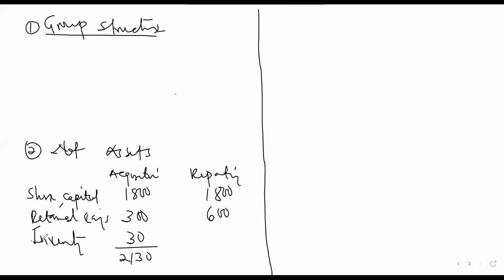So your net assets should be 2,100 if there is no fair value adjustment. But they have now given you 2,130. It means that the net asset has increased by 30, and they say that the difference relates to inventory. So the 30 is for inventory. Are we okay? Okay.